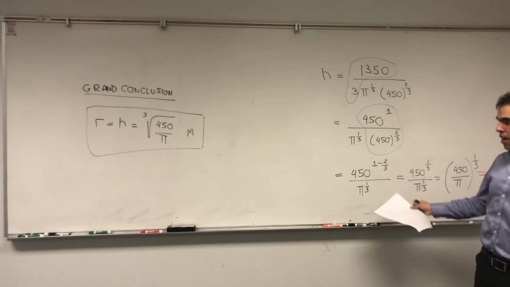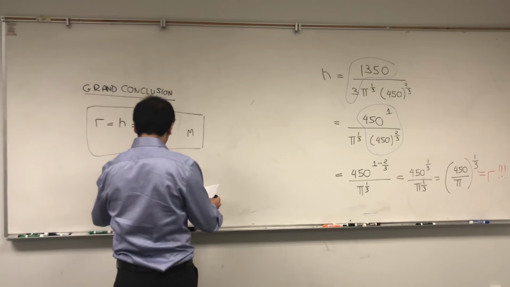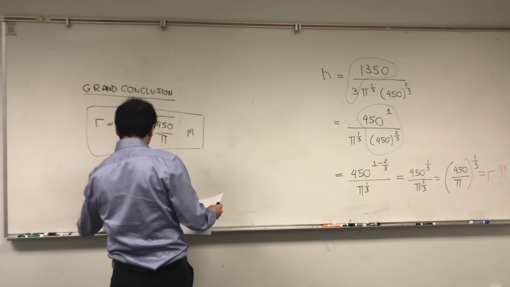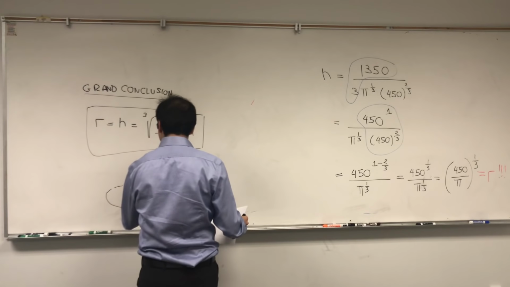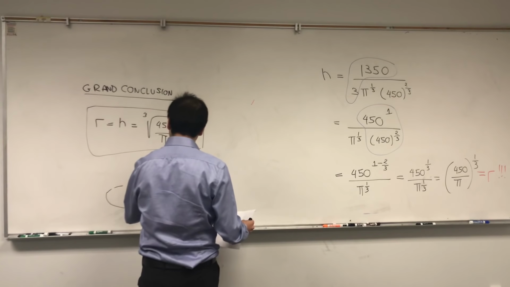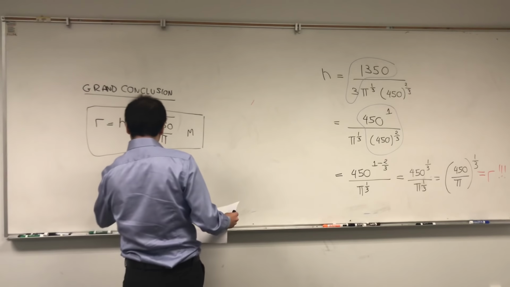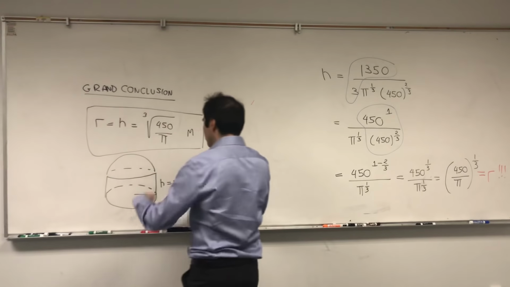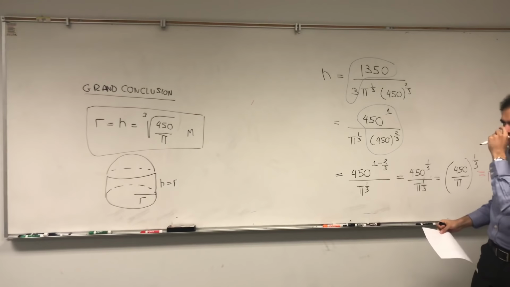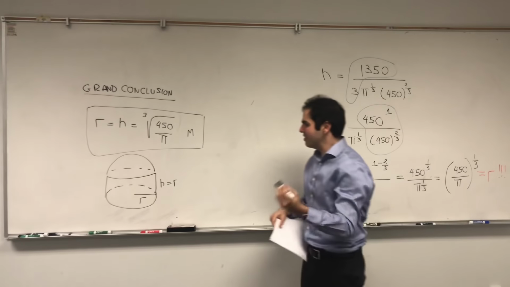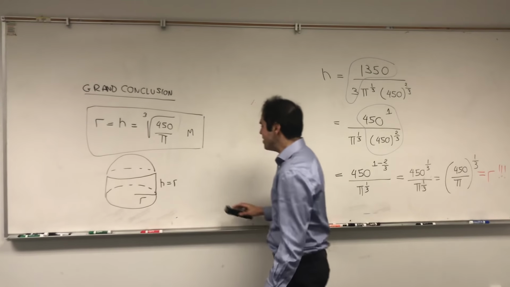In other words, an optimal silo looks like this. This is the radius, r, and then the height is the same thing as the radius. So you see, not too big because then it would be too expensive, but also not too small because you want the volume to be 750 cubic meters.